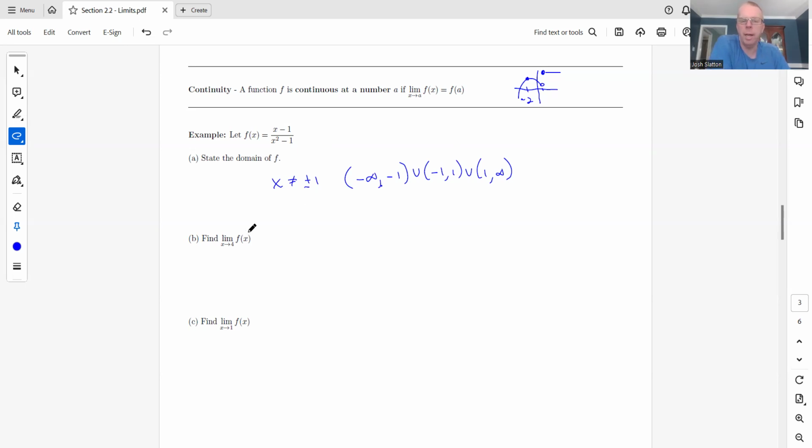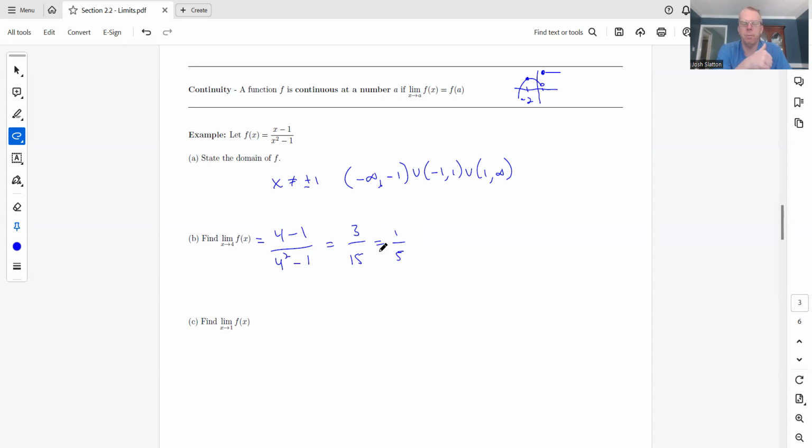So now the limit as x approaches 4: you can see that 4 is in the domain. If it's in the domain, we really just have to plug it in. So we're just going to find f of 4. So 4 minus 1 over 4 squared minus 1, and that would give us 3 over 15, or 1 over 5. And so that one's pretty straightforward.